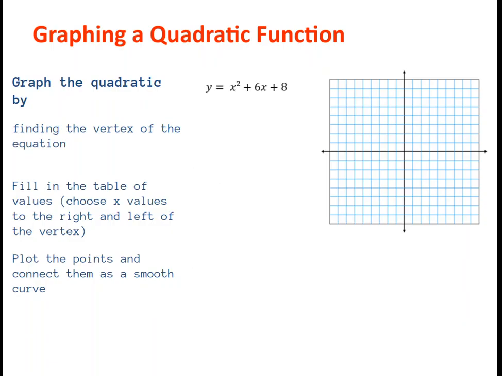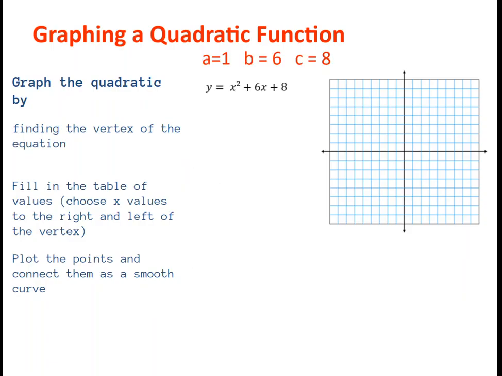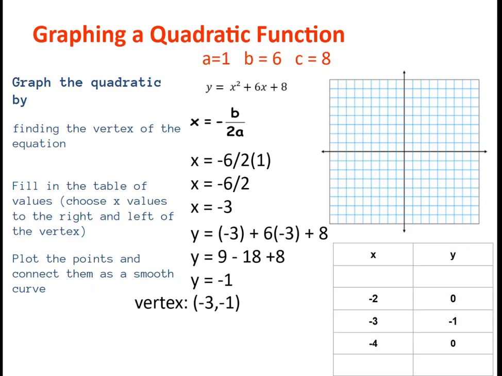So let's test -2. When I substitute -2 for x back into the equation, we get the point 0. So that means that the next point below -3 will also be the point -4, 0.